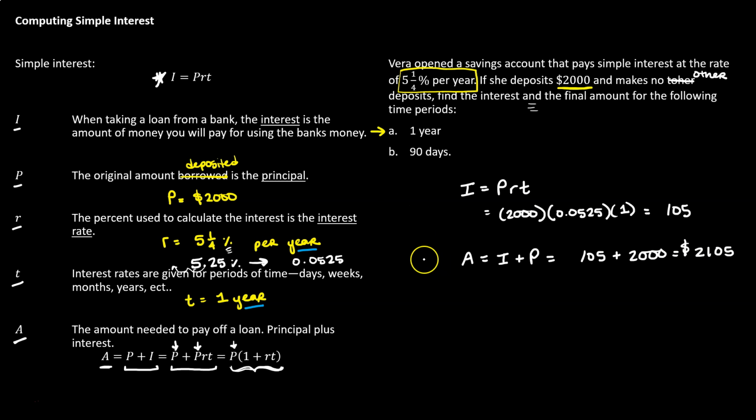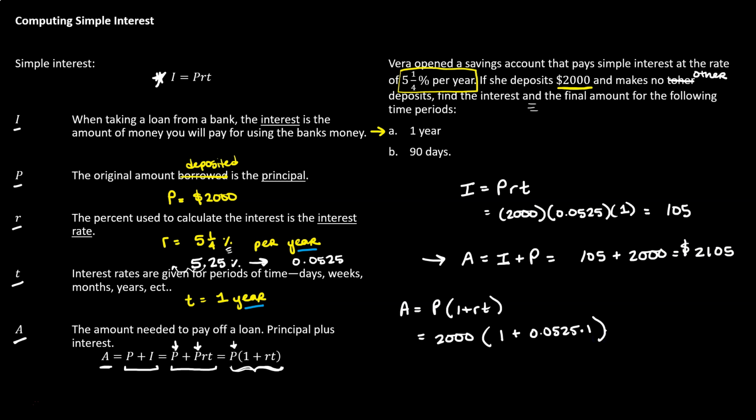Now, if we hadn't used this shortcut, where I know what the interest is because I just calculated it, and I know what the principal is because it was given in the original problem, we could have used P times 1 plus RT. We'll get the same answer. So P is 2,000 times 1 plus our rate, which is still 0.0525, times 1.